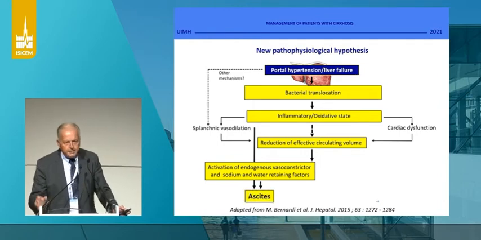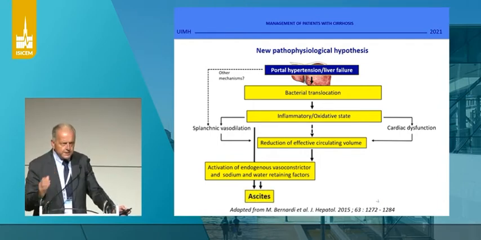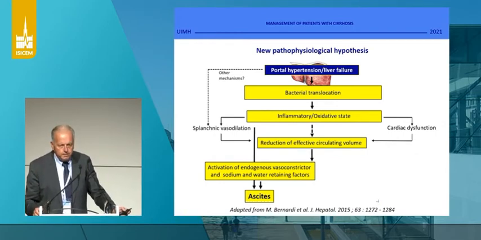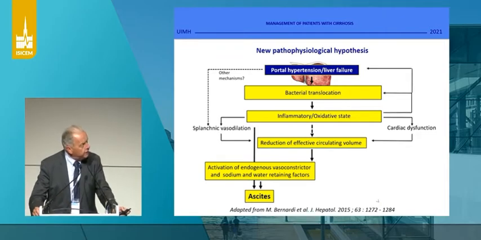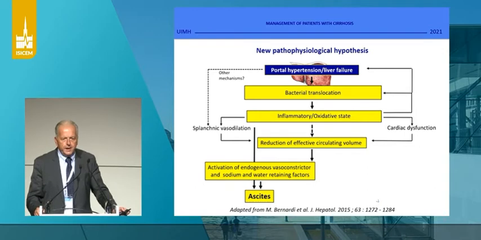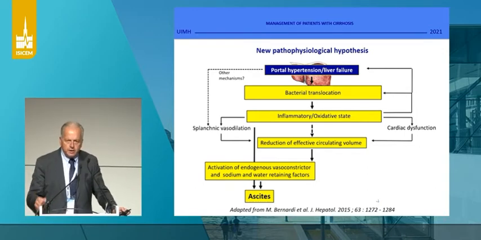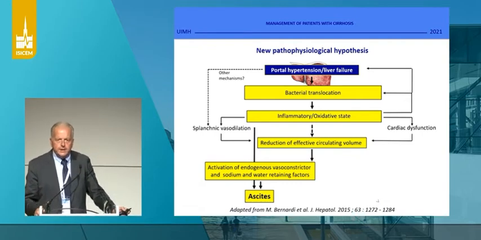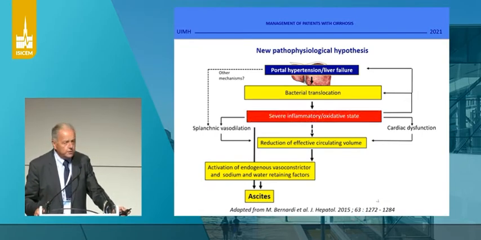But let me say that systemic inflammation and oxidative stress generate a vicious cycle. So there is a further increase in portal hypertension, liver failure, a further increase in the degree of bacteria translocation, and at the end of the day, a final increase in the degree of systemic inflammation and oxidative stress.